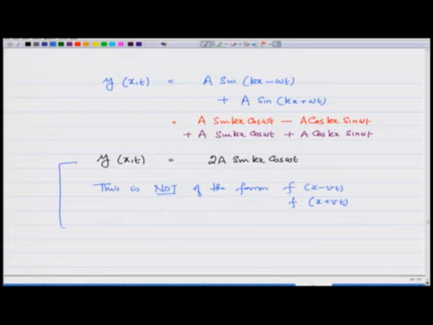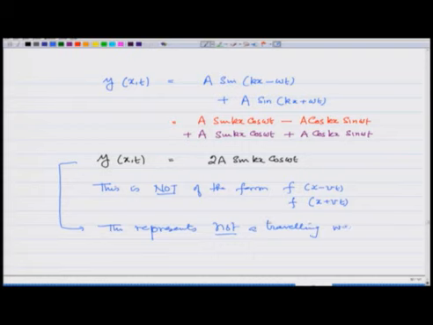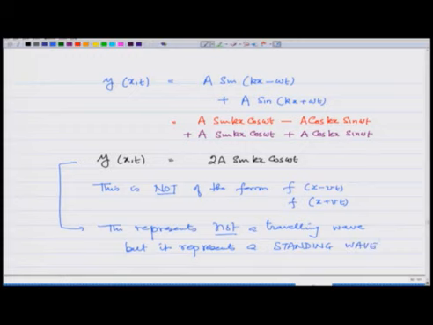This represents not a traveling wave, but it represents a standing wave. So, you understand what we mean by standing waves.